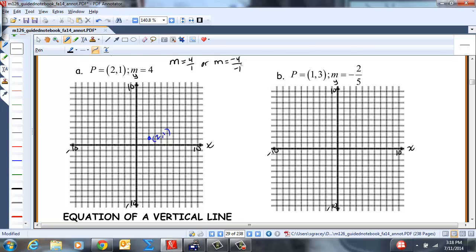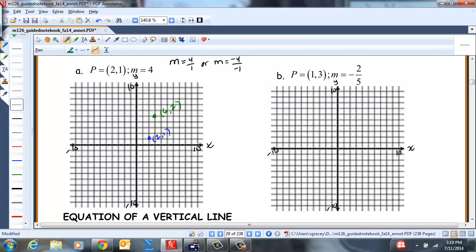So I'll do the first additional point using the positive. So we'd go 1, 2, 3, 4 up and to the right by 1 unit. And that gives us the ordered pair 6, 2.